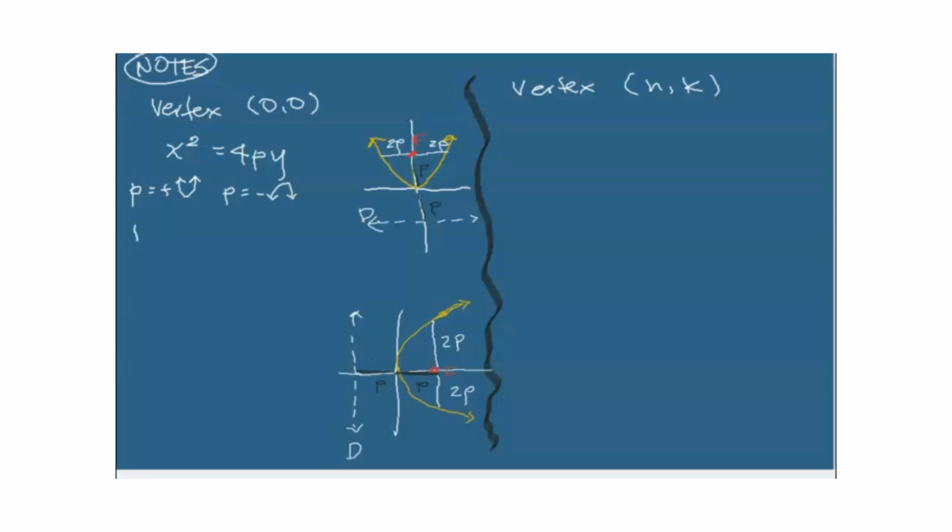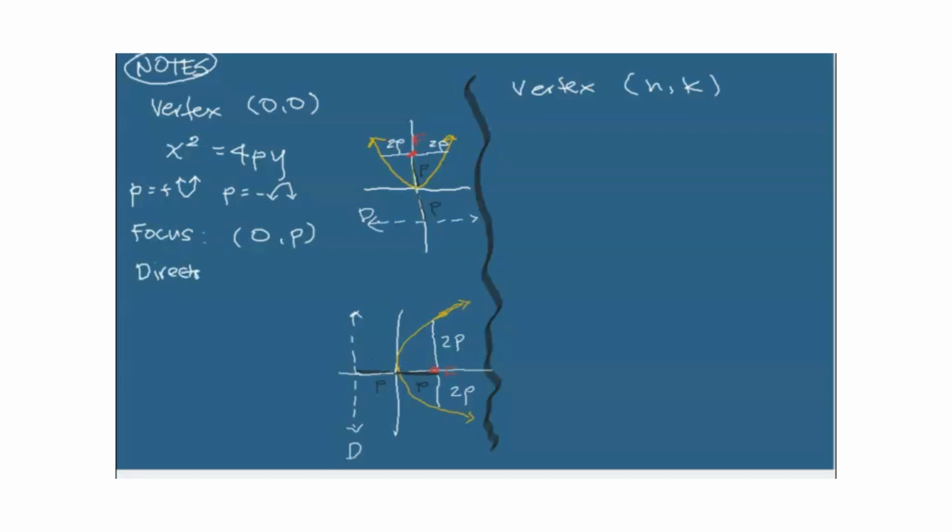So the coordinates of our focus would be at 0, p, because the focus is p units from the vertex. And in the opposite direction, p units from the vertex is the directrix.